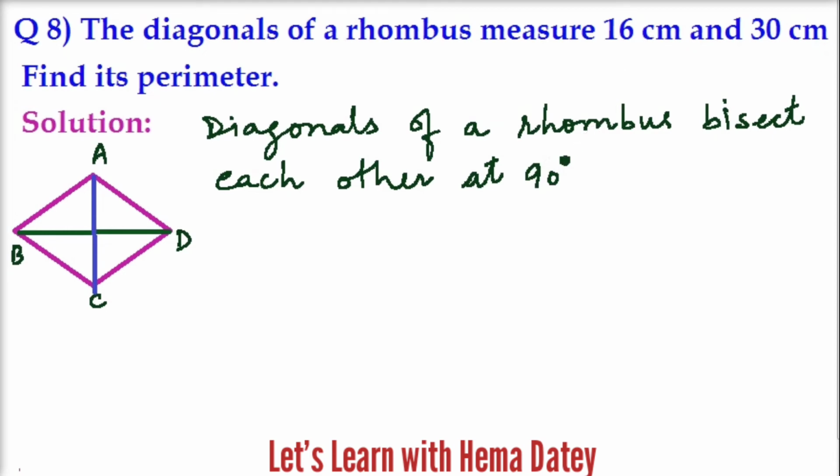It means we will get 4 right triangles. There are 4 right triangles. I'm using different colors for them. This angle is 90 degree.